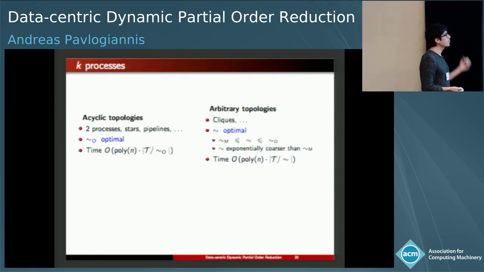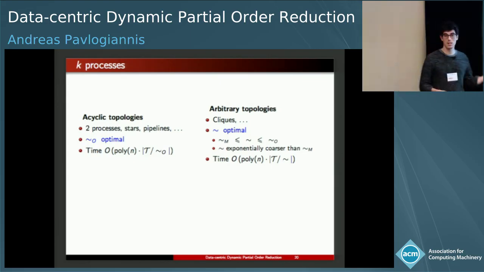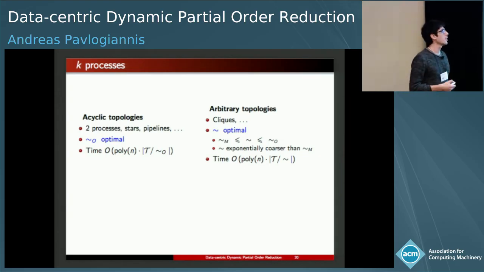Now, if you go to arbitrary topologies, like ones which can have cycles, like cliques, for example, then we relax our conditions on the partitioning. So the algorithm is now optimal with respect to another partitioning, which I call here tilde, which in terms of coarseness lies between the Mazurkiewicz and the observation partitioning, and it remains potentially exponentially coarser than the Mazurkiewicz partitioning, right?